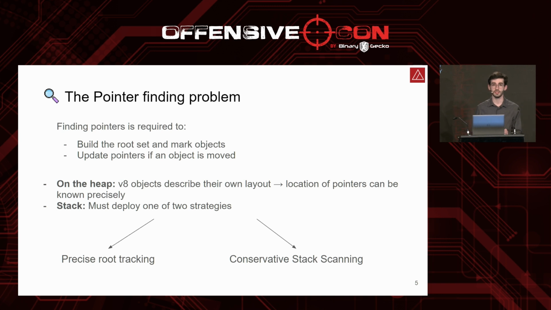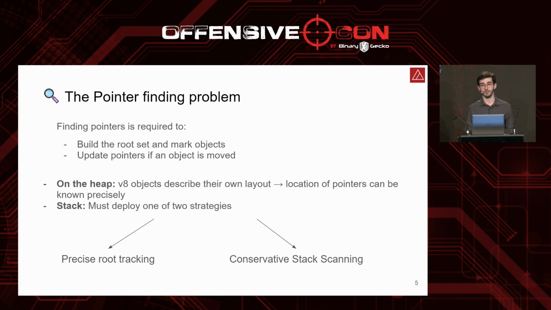To perform garbage collection, we need to find pointers to objects. This is useful to build the initial set of roots and perform marking, but also to update these pointers if an object gets moved, which can happen, for example, due to compaction. That's when objects that are live get moved close together to reduce fragmentation in the heap.